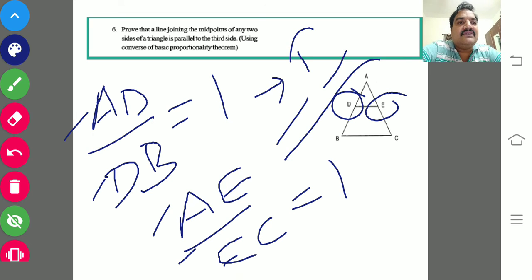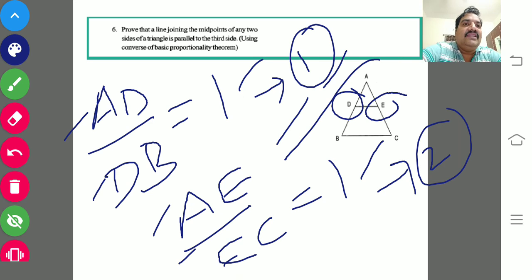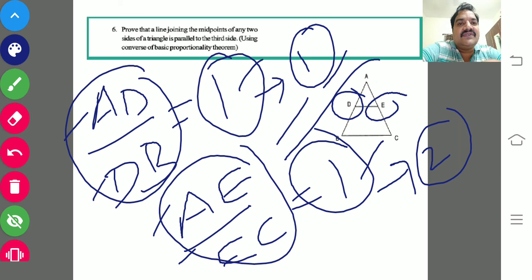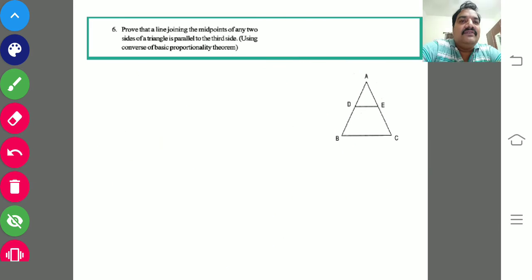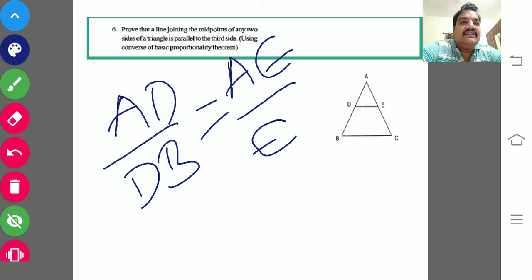So this is equation 1, this is equation 2. If you observe, it gave us one value, the unit value. So the RHS is equal, and automatically the LHS should be equal. So you can write AD by DB equals AE by EC.